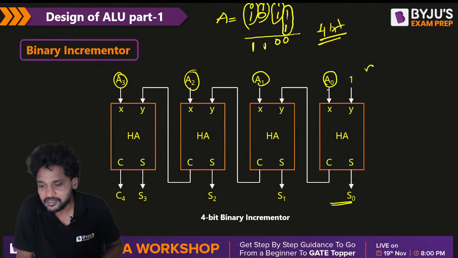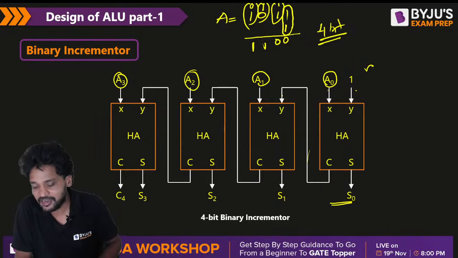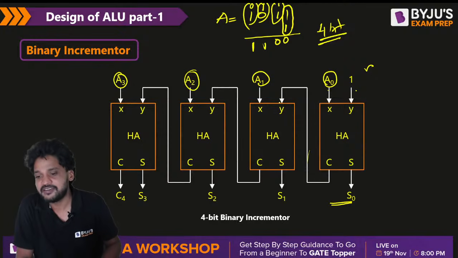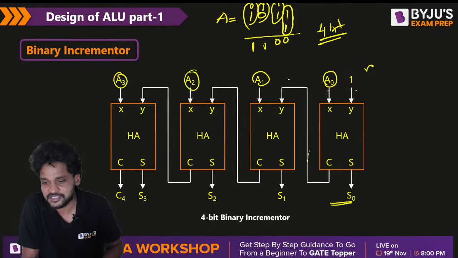So here A0 plus 1 is going to produce a sum and there is a carry. The carry will be the second input of the second half adder, because every half adder requires 2 inputs. One is from A, one more is from the carry of the previous bit addition. So the carry will be connected here and A1 is the next digit. A1 plus this C0 will get added.